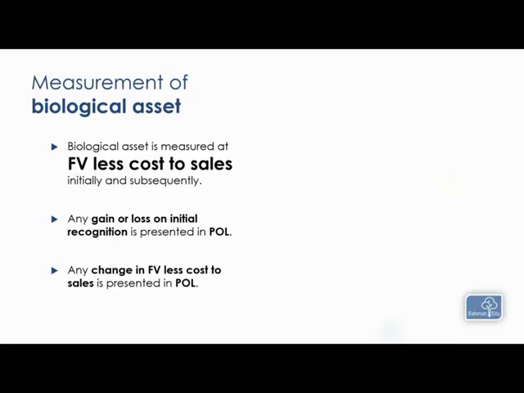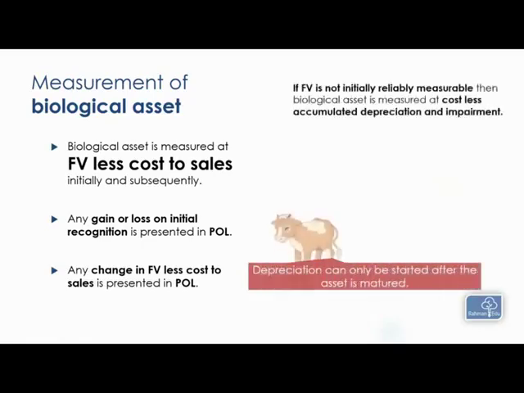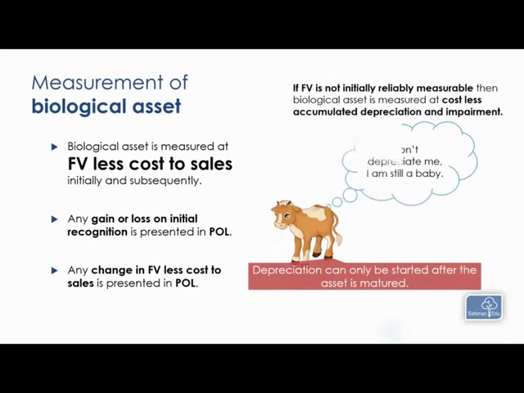The problem is, if you cannot measure fair value, then what are you going to do? Well, as IAS 41 says, in that case, this biological asset should be measured at cost less accumulated depreciation and less accumulated impairment, very much similar to our IAS 16 cost model. But do not revalue this biological asset.